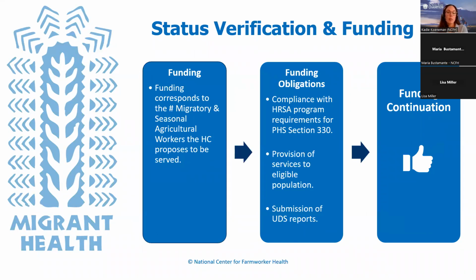If the health center is able to be in compliance with these program requirements, establish an identification and verification process, and show that the funds were used to provide services to the people it was intended for, and submit their reports on time, the likelihood that the health center will continue to receive funding is pretty good.